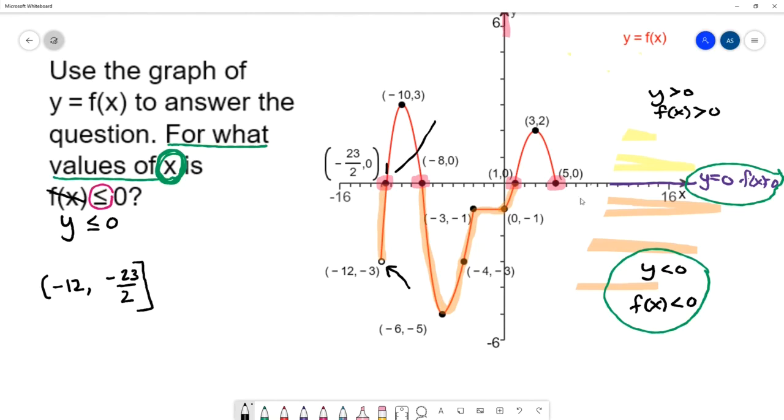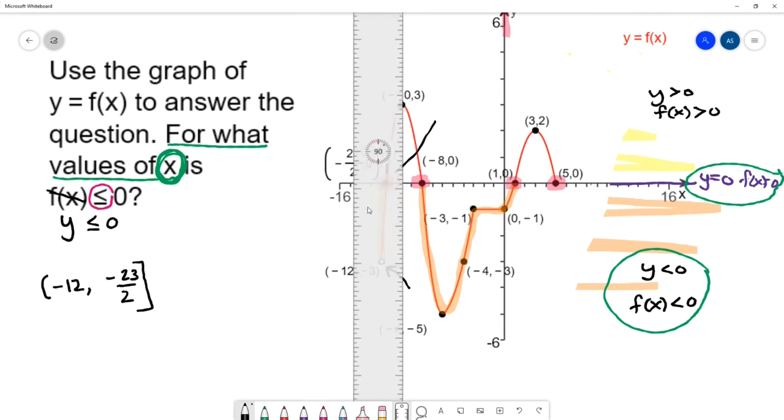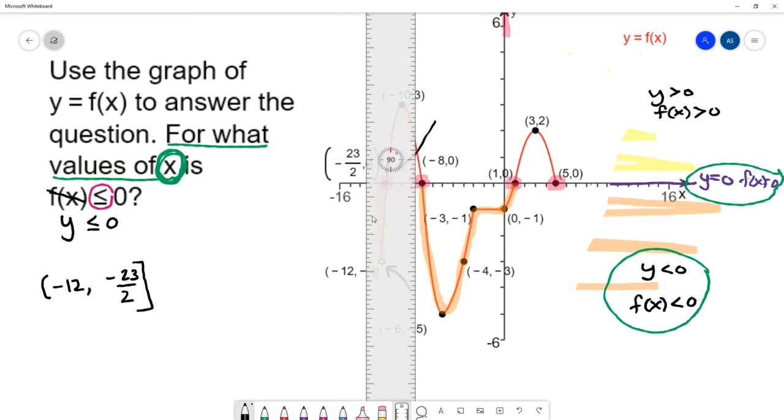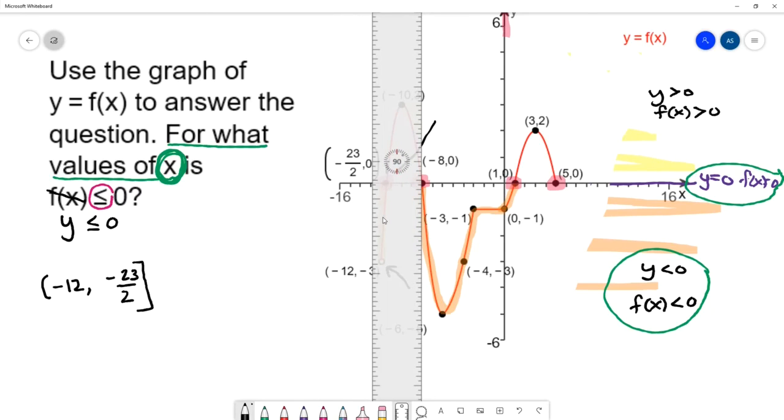So remember that I'm including the points that are below the x-axis, and I'm including the points that are on the x-axis. So that's why this point is included, and I'm using a bracket on that point. So then I'm going to go to this section, and the first x that I get to, the lowest x that I get to is -8. I'm going to use -8, and I'm using a bracket.